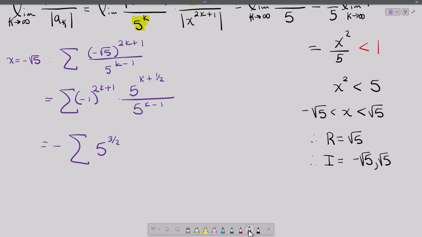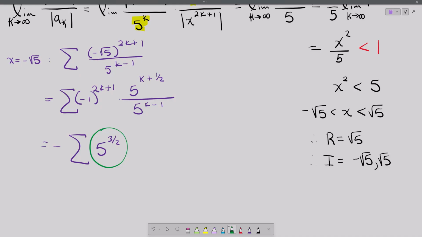Does this series converge or diverge? What is the limit of a sub k? This is a sub k right here. There are no k's, so the limit of a sub k is this number.